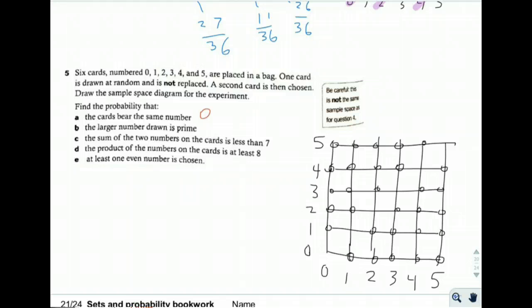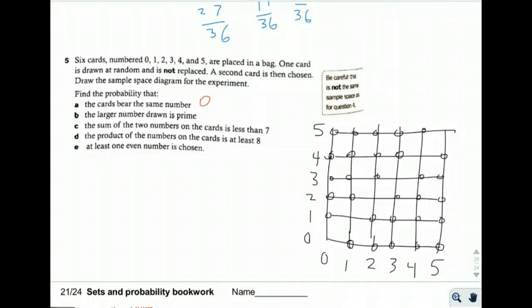The larger number drawn is prime. Okay, so the numerator is going to be similar to the other one. So let's see. The larger number drawn is prime. So like 5. Okay, if 5 is drawn for either one. 4 is not prime, so we're going to ignore 4.